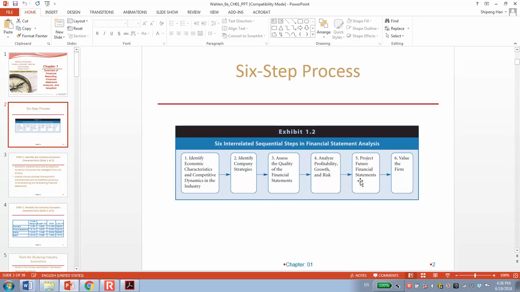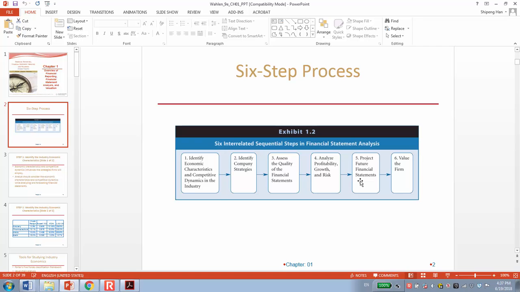But how do we project future financial statements? We should learn the prior years' or historical performance of a firm, right? Based on the historical performance, we can forecast the future.